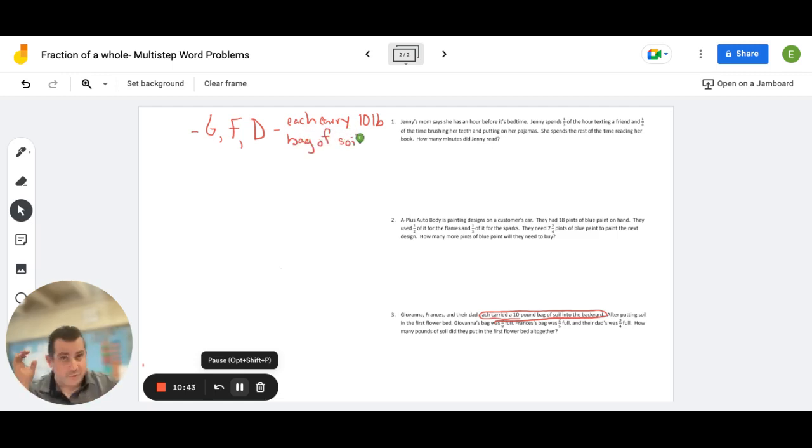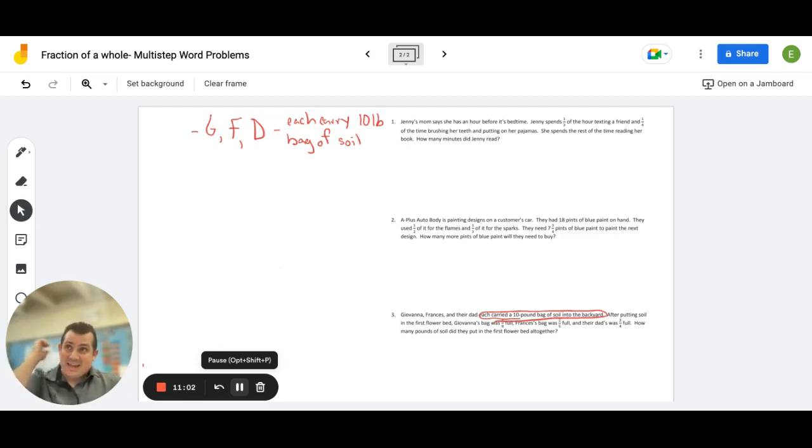All right, so all three of those people are carrying a 10-pound bag. All right, this is what they're using now. Okay, after putting soil into the first flower bed, Giovanna's bag was 5/8 full.